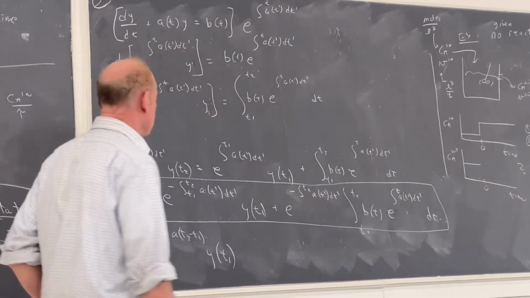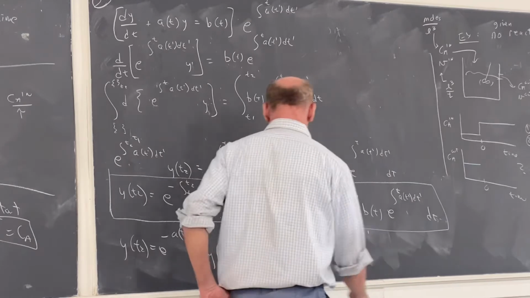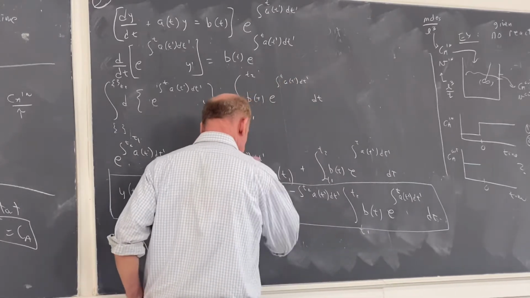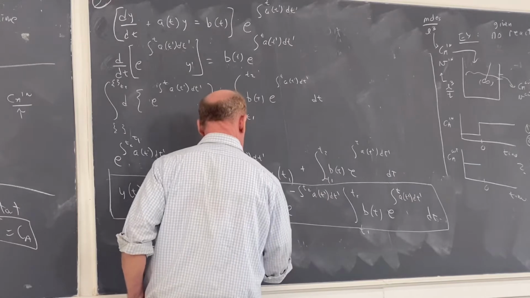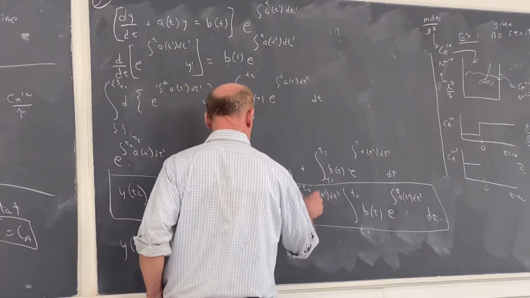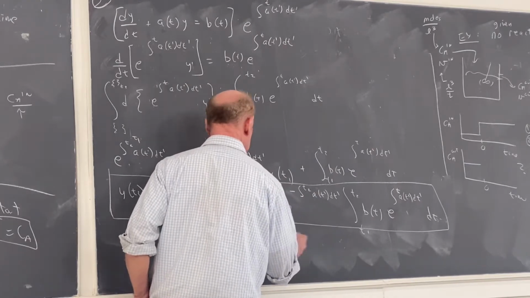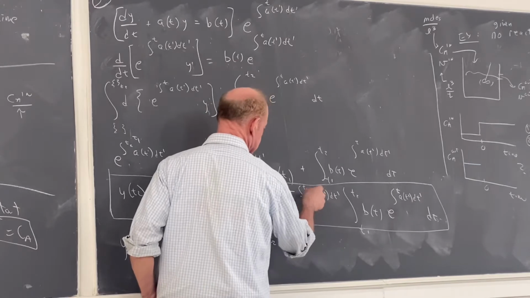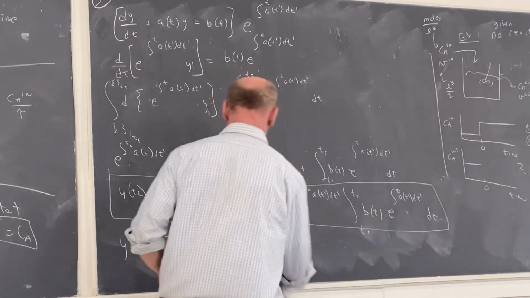And what do I have here? So here I have plus. Well, if a is a constant, so here I have e to the minus a t2 minus something. Actually, let's bring it inside the integral so I don't have to worry about that.